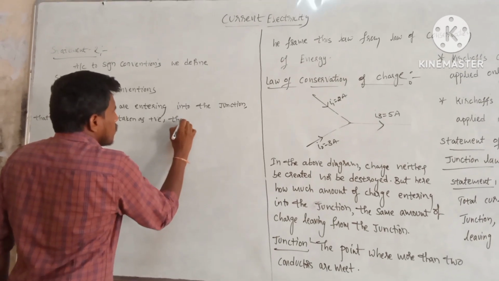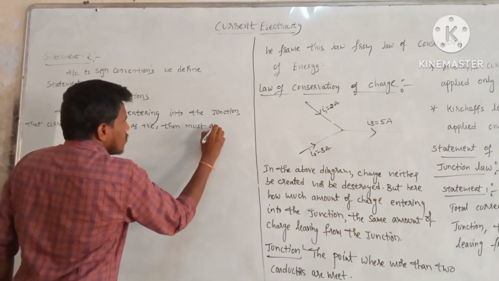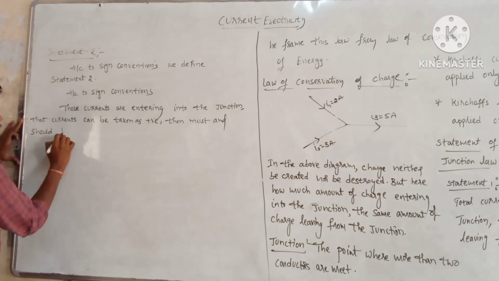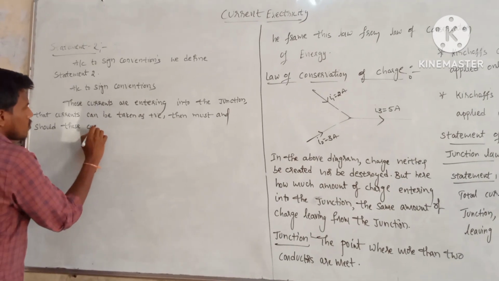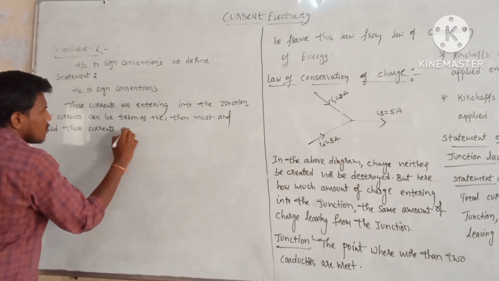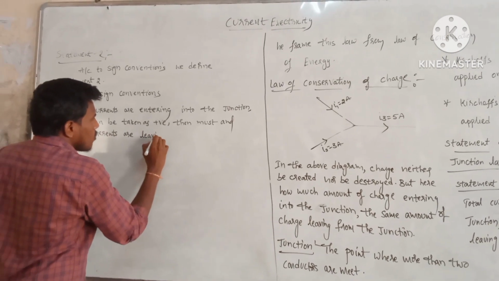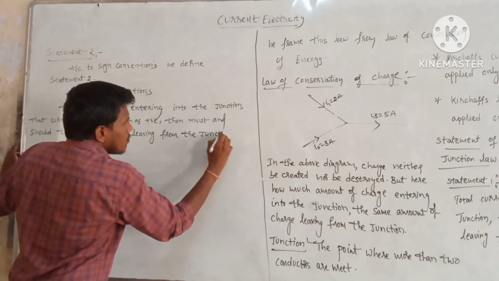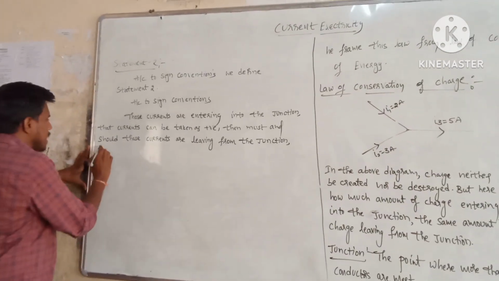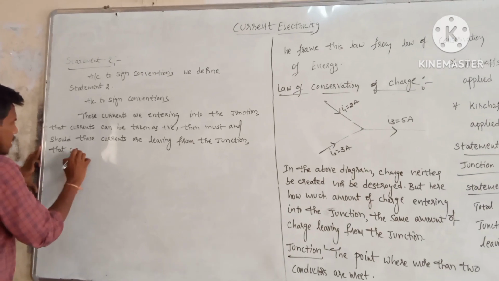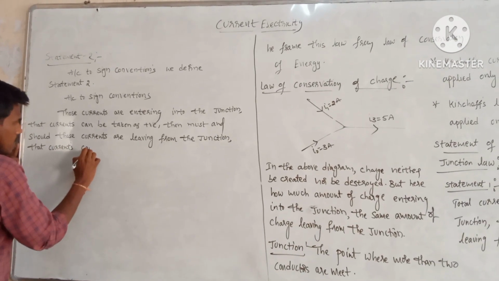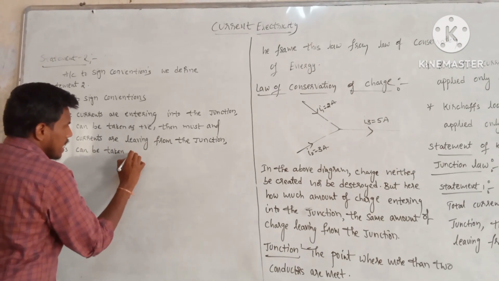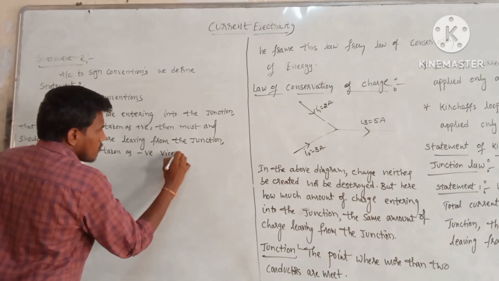Then, must and should, those currents which are leaving from the junction, those currents can be taken as negative, vice versa.